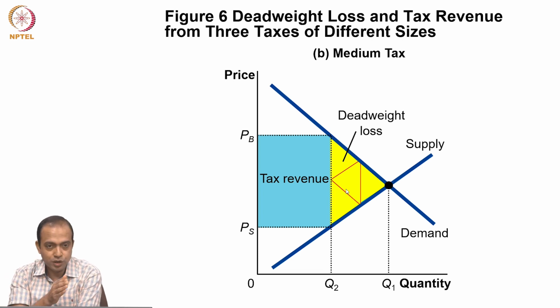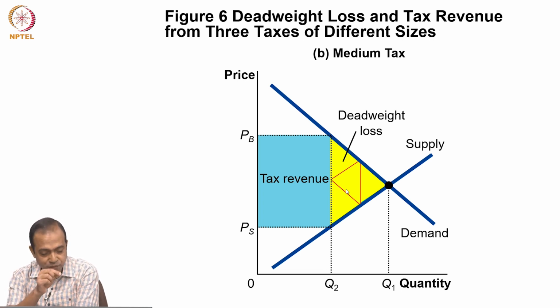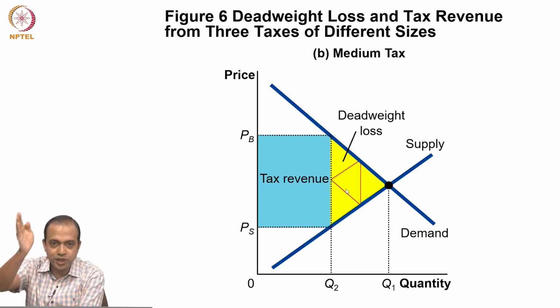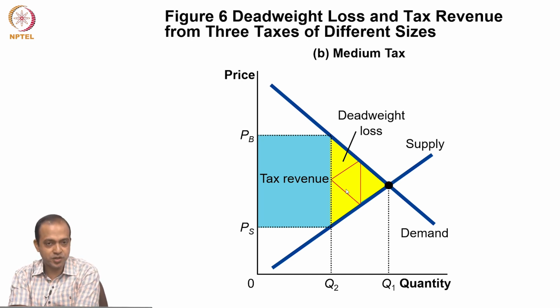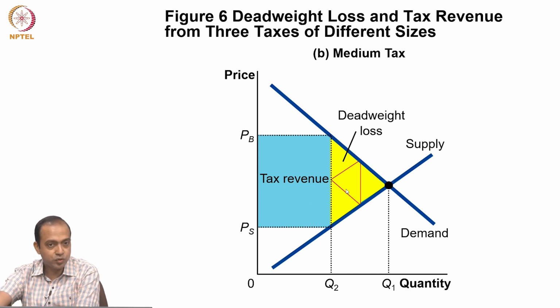If we plot deadweight loss on the y axis and tax on the x axis, then what we should expect is that as the tax rate increases, deadweight loss will increase at an increasing rate. That is the meaning. When tax rate increases 2 times, deadweight loss increases 4 times. That is what we meant.